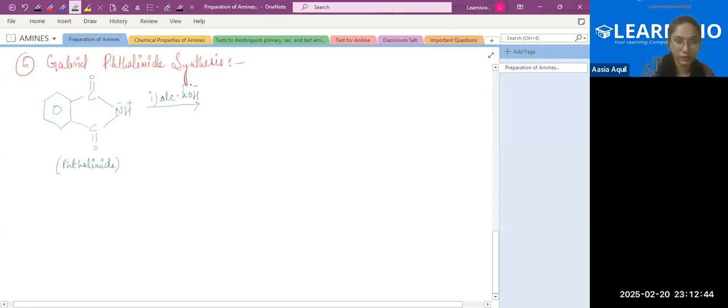So from here, water loss, dehydration will occur, right? And you will get the salt, CO, here again CO, and here N minus and K plus. Got it? So this is a salt, salt of phthalimide.